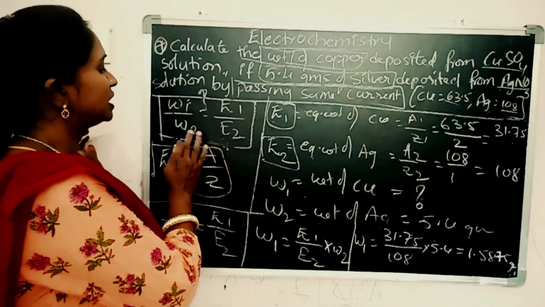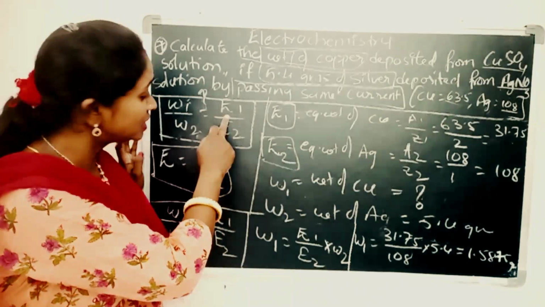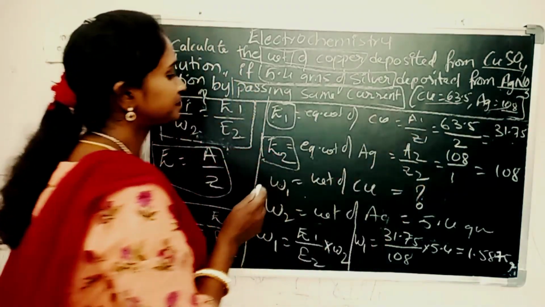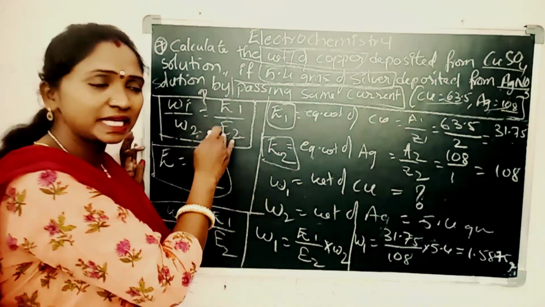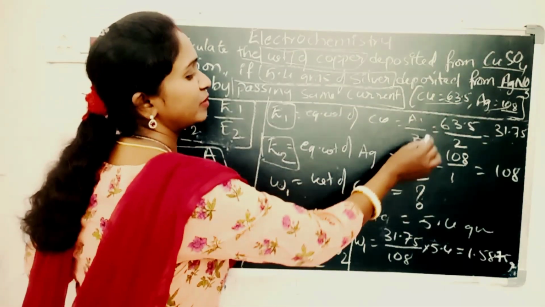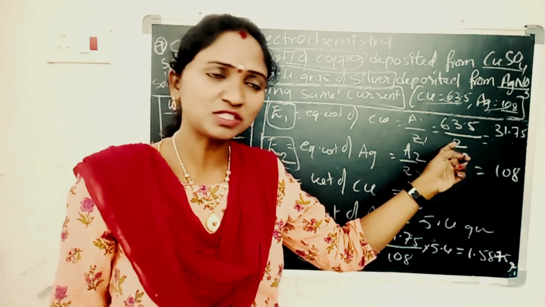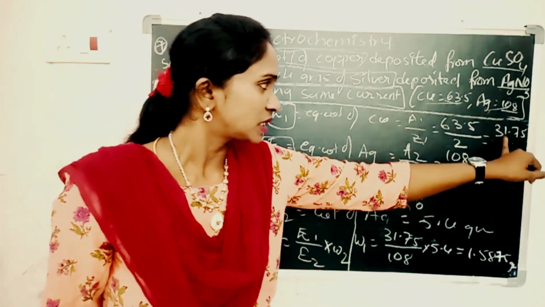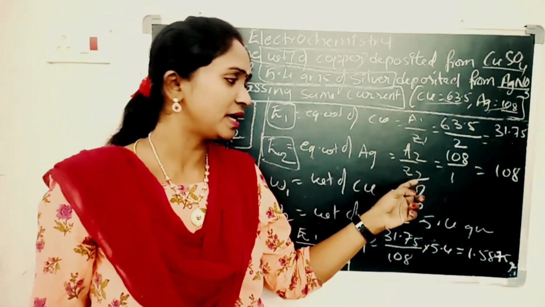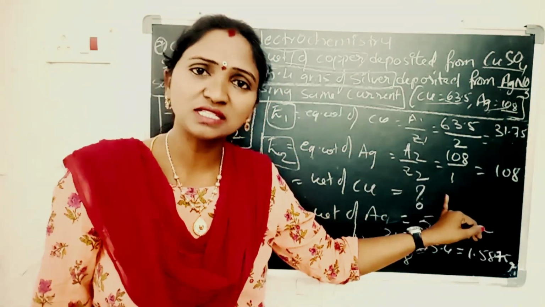They have given only the W2 value, but there is a hint to calculate small e and capital E2: the atomic weights are given. Based on those atomic weights we can calculate the equivalent weights of copper and silver. So E1 equals A1 by Z1, the atomic weight by valency 2 for copper, which is 31.75. And E2 equals A2 by Z2, that equals 108, as 108 is the atomic weight and 1 is the valency.